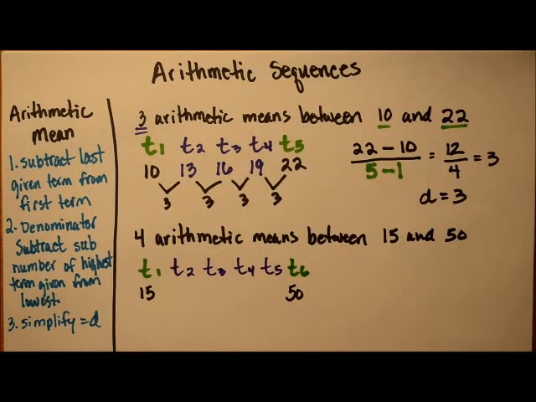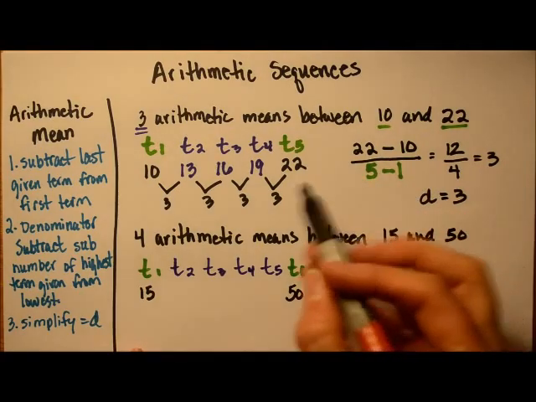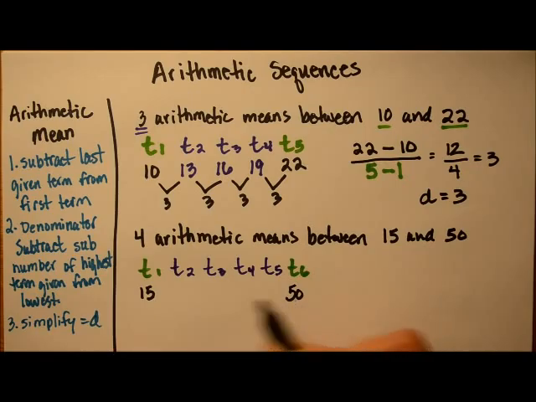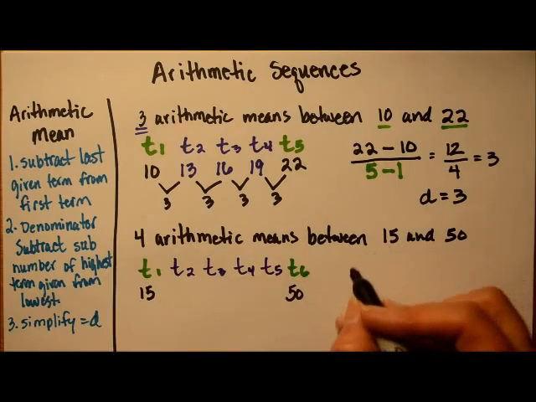Well, in an arithmetic mean, what I need is to find the difference. I don't know why I want to say distance. It just wants to come out. I mean difference. Okay, so just like I did up here, we're going to take the biggest one, subtract last given term from first term. The last one is the 50, the first one is the 15.